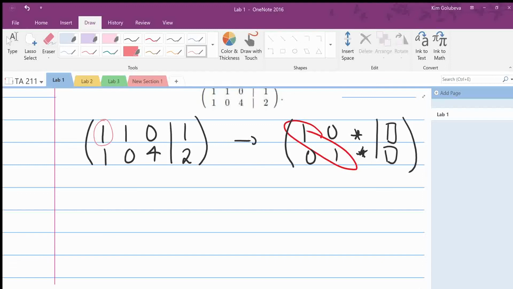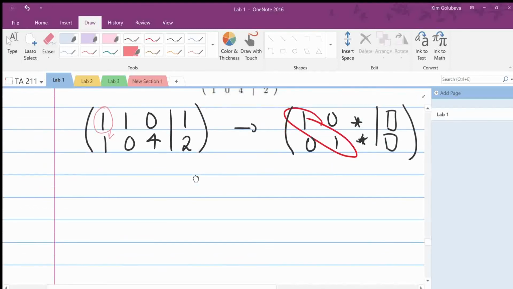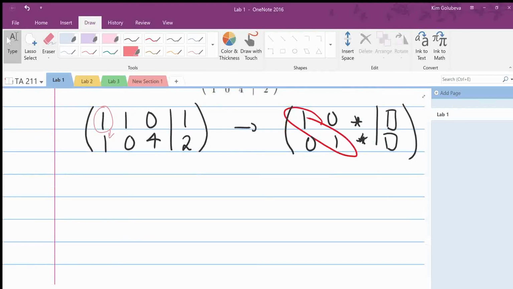If it does, that's great, because you can use it to kill all of the other things in that column. So you're trying to clear the columns so that the leading one in that row is the only thing in that column. Okay, so in this case, how would we get rid of this one right here?